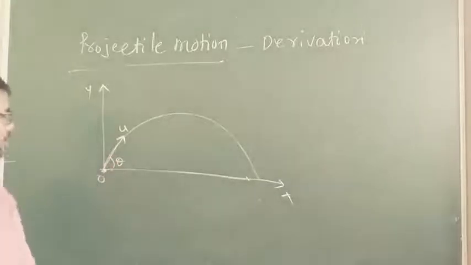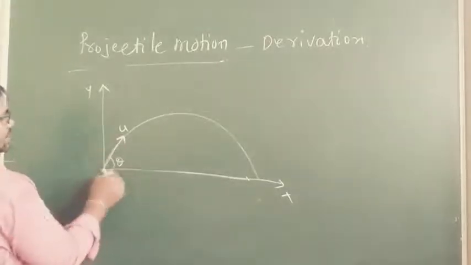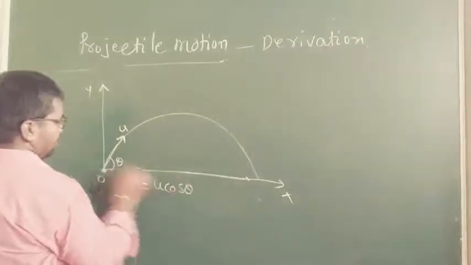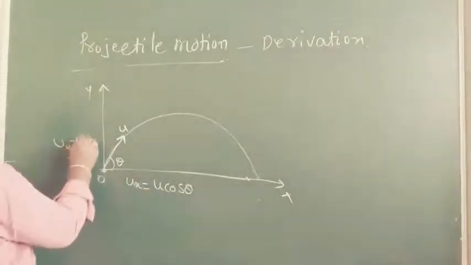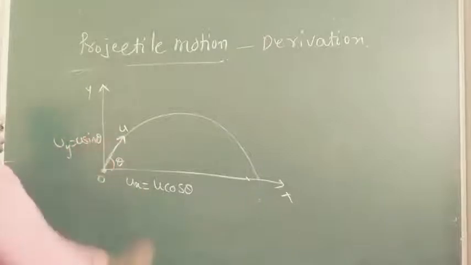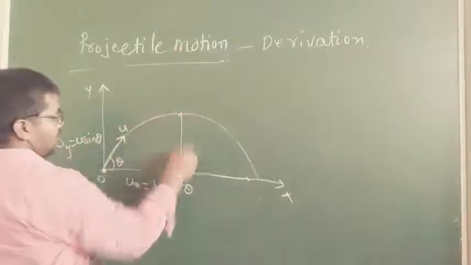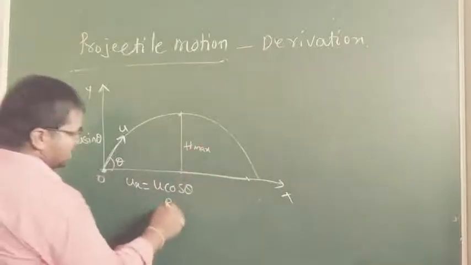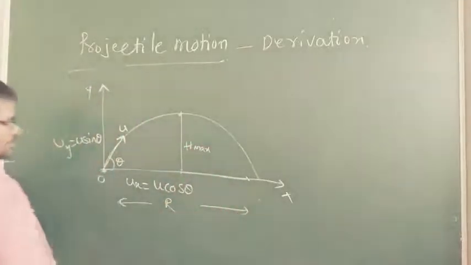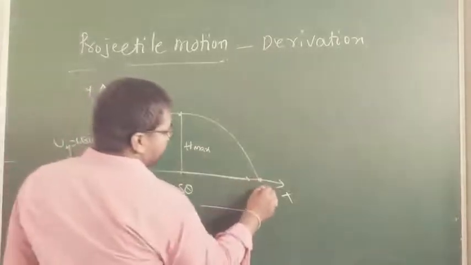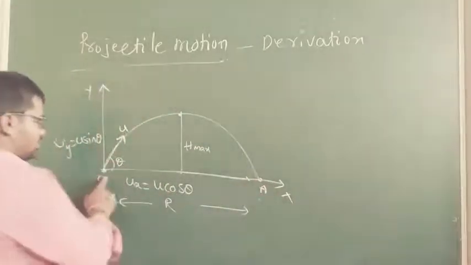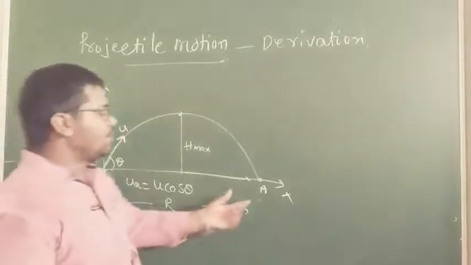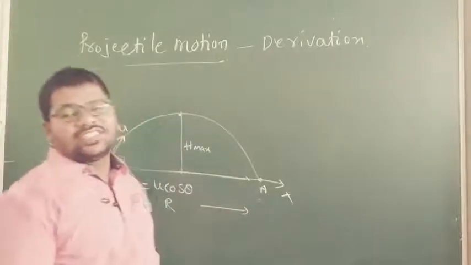The projections of u along x and along y are ux equal to u cos theta and uy equal to u sin theta. This is the maximum point, the maximum height. This is the range, the distance between the point of projection and the end point A, the horizontal range.